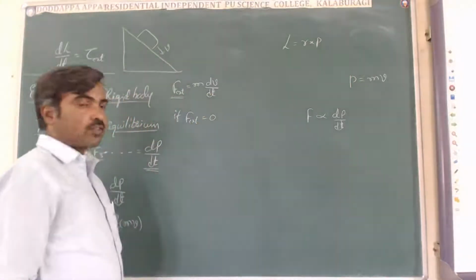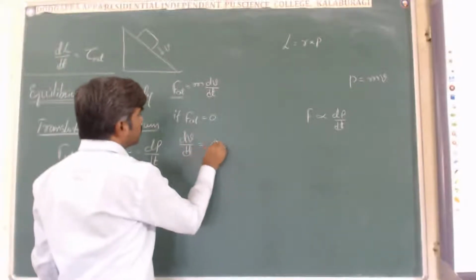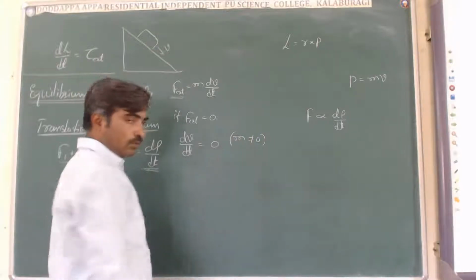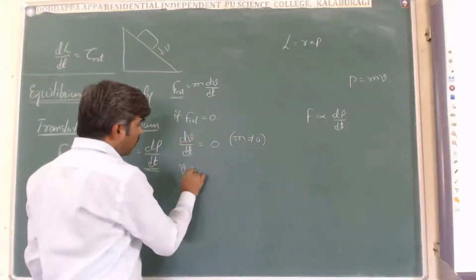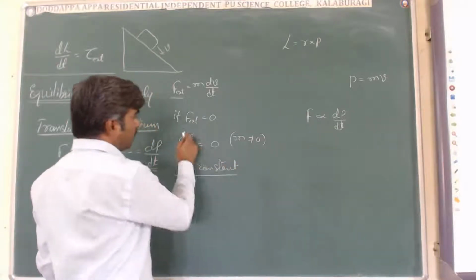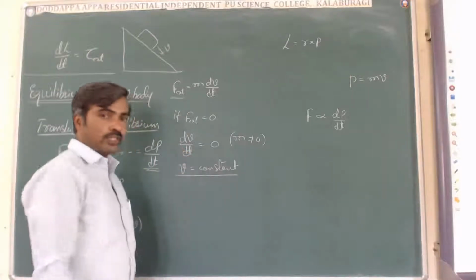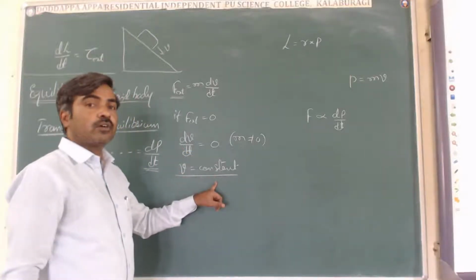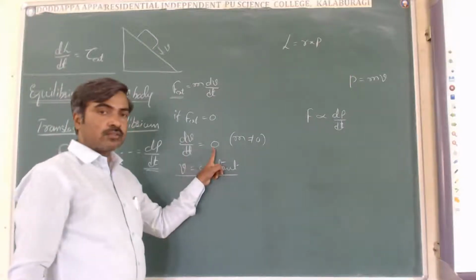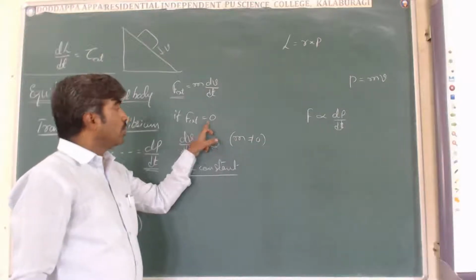if F external is 0, then dv by dt equals 0, since mass is not equal to 0, so v equals constant. dv by dt equals 0 means the velocity of that body is constant, because whenever we differentiate a constant term, we get 0.